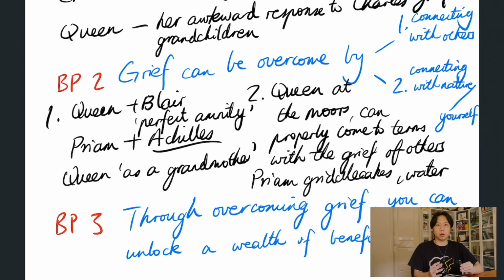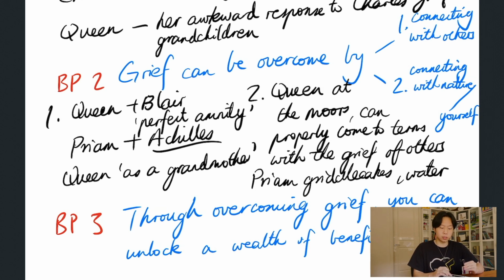The English people, for so long, had this woman that they've all loved, Diana, who has died, and the one person that represents their country, the Queen, refuses to truly acknowledge her death. But when she finally does, and when she grieves along with them as a grandmother, that's when they feel like, ooh, all that pent up pressure, all that sadness, anger, disappointment, all those emotions can finally be released. So it's empathizing with others in this connecting with others part that allows us all to deal with grief.